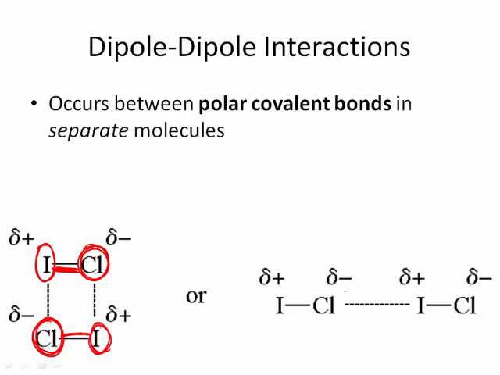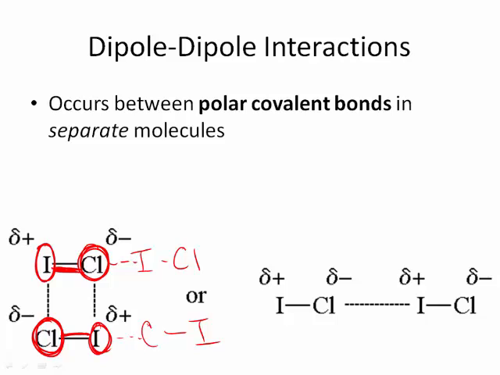You can also see that we see dipole-dipole interactions between molecules on either side. So if we were to stick another iodine and chlorine molecule here, we would have interactions here. If we were to have another molecule here of chlorine and iodine, we would have dipole interactions there.